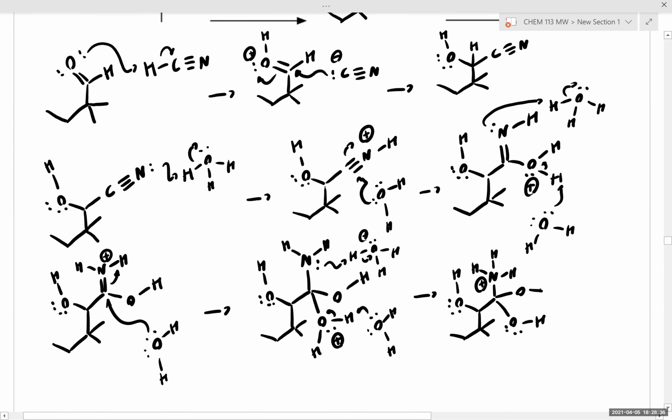So we have a great leaving group in place. So can we regenerate a carbonyl? Can we form a relatively stable carbon-oxygen double bond?